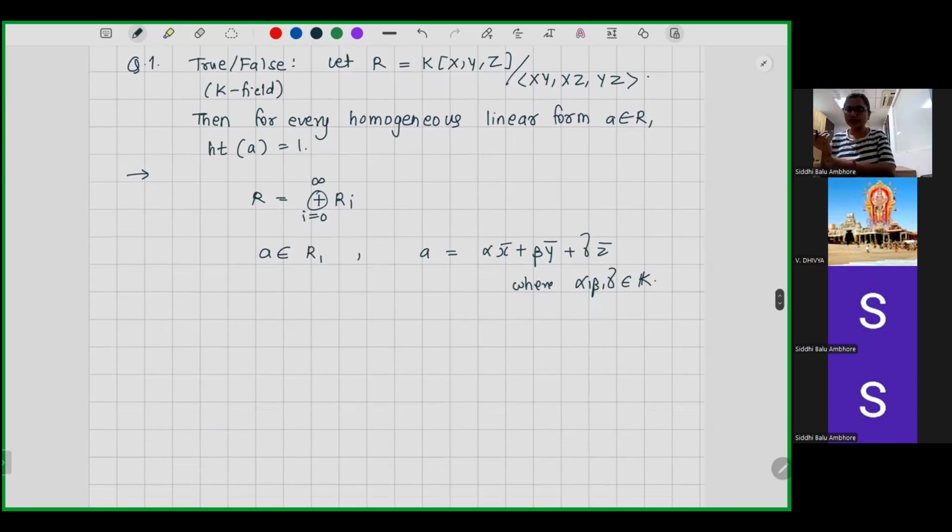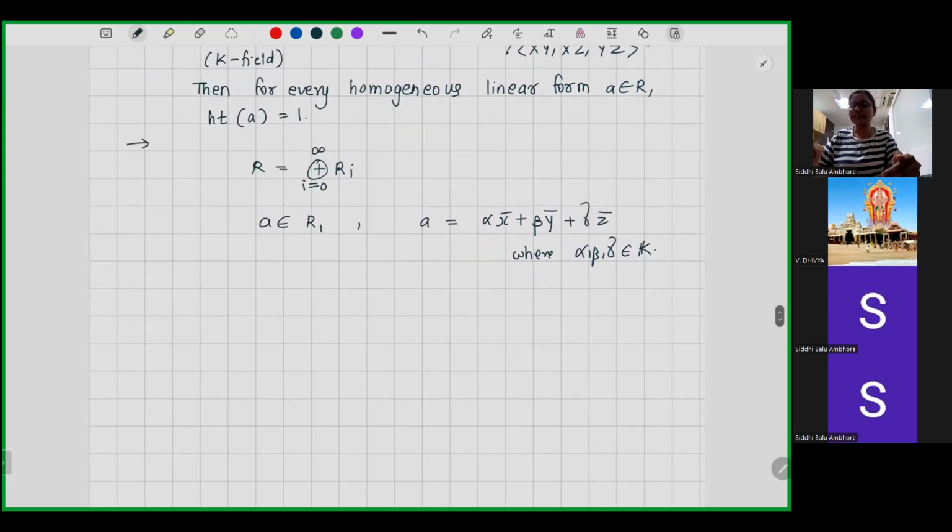Note that this will not be true. When we say the height of this element A, it means we consider the minimal prime containing A and then look at its height. We can't always give information about height just by looking at the element.